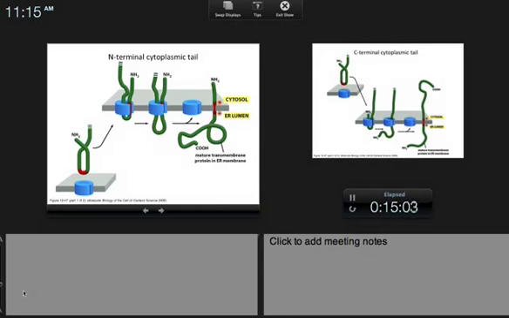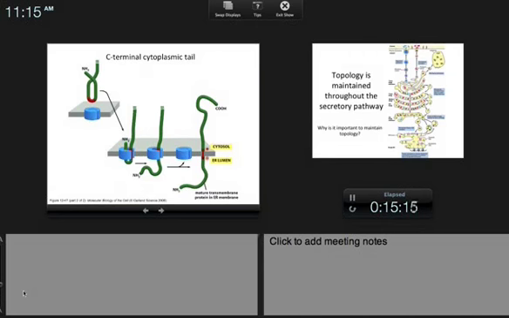You're going to have continued translation, so that's going to drop down, and your carboxy terminus is on the luminal side. And then here, the same thing's going to happen, but the only difference is that your amino terminus is going to end up on the luminal side. So topology is maintained through the whole secretory pathway.